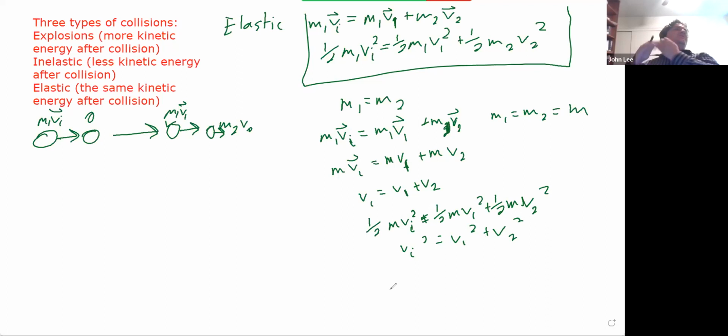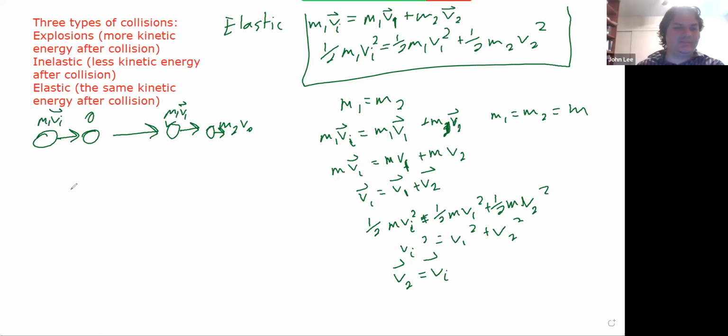So in this experiment, in this setup, it has to be V2 that's going to follow through with the momentum, because V1 can't keep going.